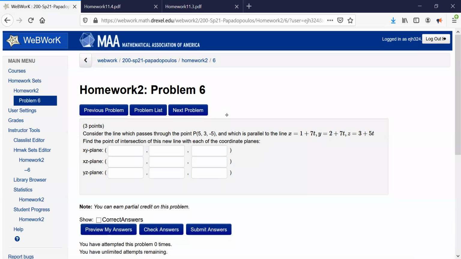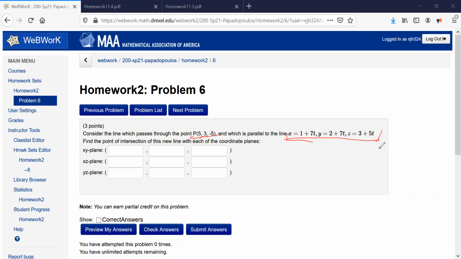But this guy, so I want to first off find the line that's parallel to this that passes through that point. How am I going to do that? So there's a general form for lines that are parallel to this one, right?